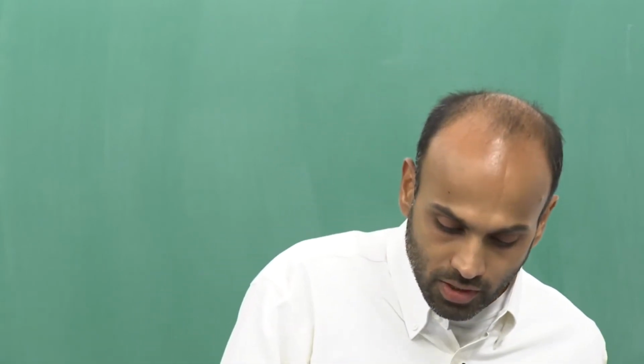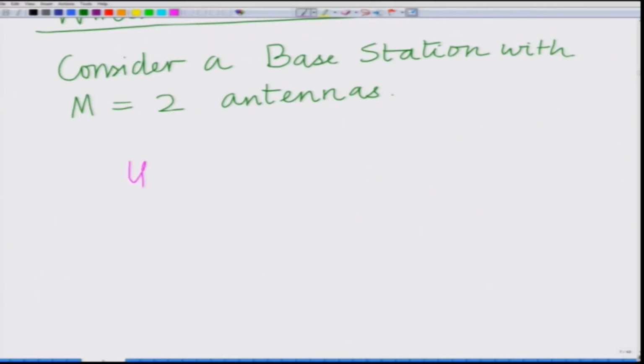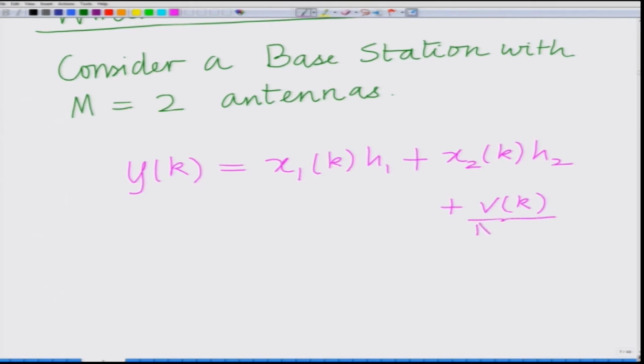Alright. So the system model for this is given as y k, which is the received symbol at time instant k, equals x1 k times h1, where h1 is the channel coefficient corresponding to the first transmit antenna, plus x2 k times h2, plus of course v k, where v k is the noise and y k is the observation.